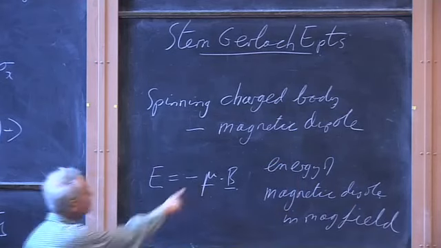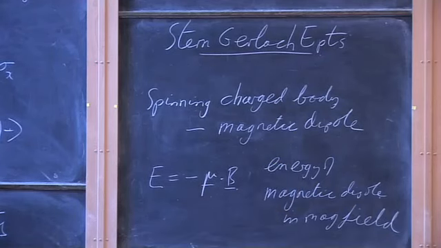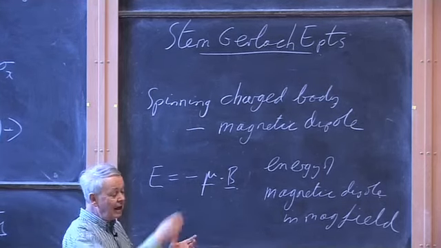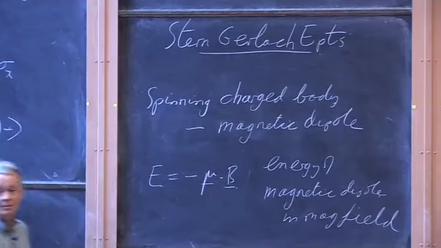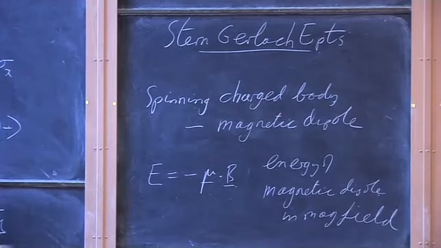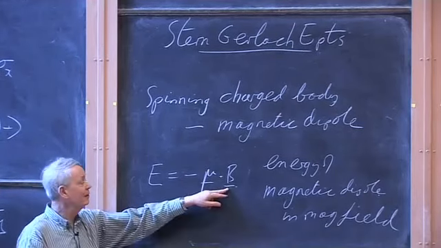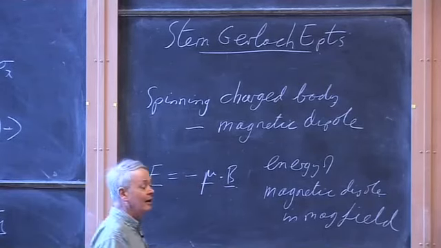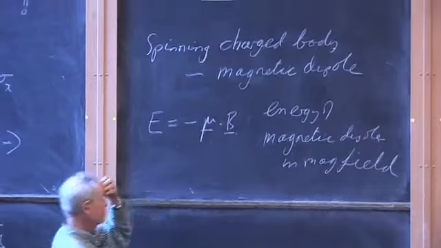So there's a minus sign here which says that the energy is lowest when the dipole is aligned with the magnetic field, right? So when this dot product is positive, the energy is lowest. So that's why magnets, compass needles and whatever, align with the magnetic field.